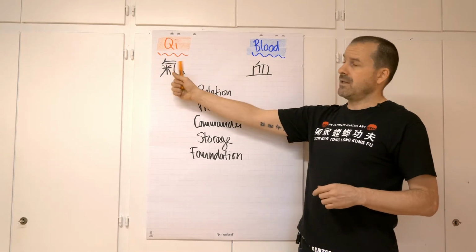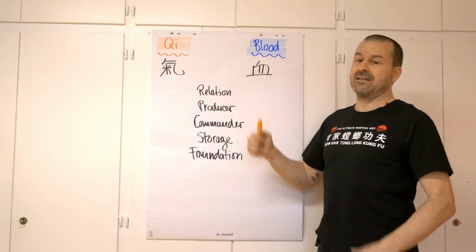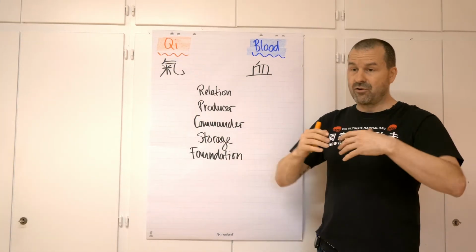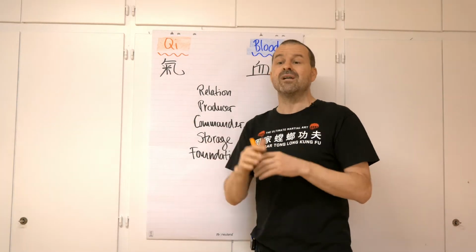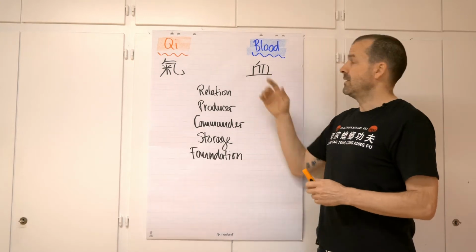So the active, the protecting, is more on the outside and the blood is more on the inside. It protects from the surface against the outside, and the blood is more on the inside to provide moistening and nourishment.